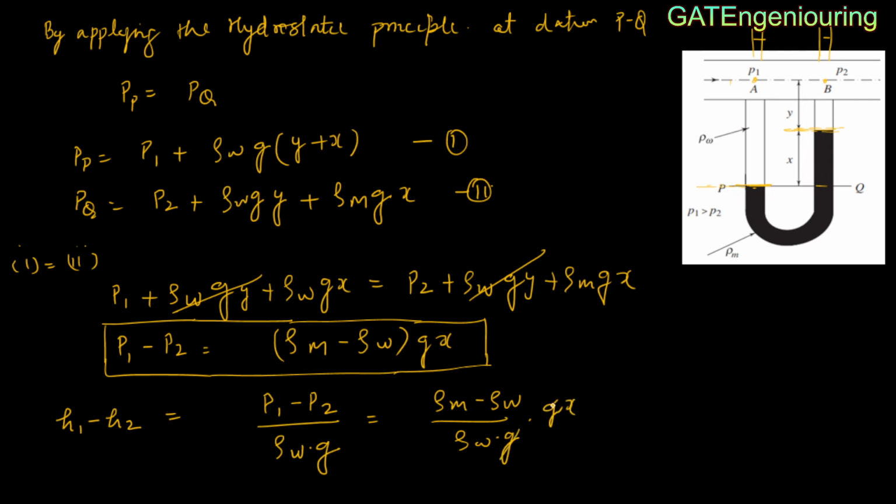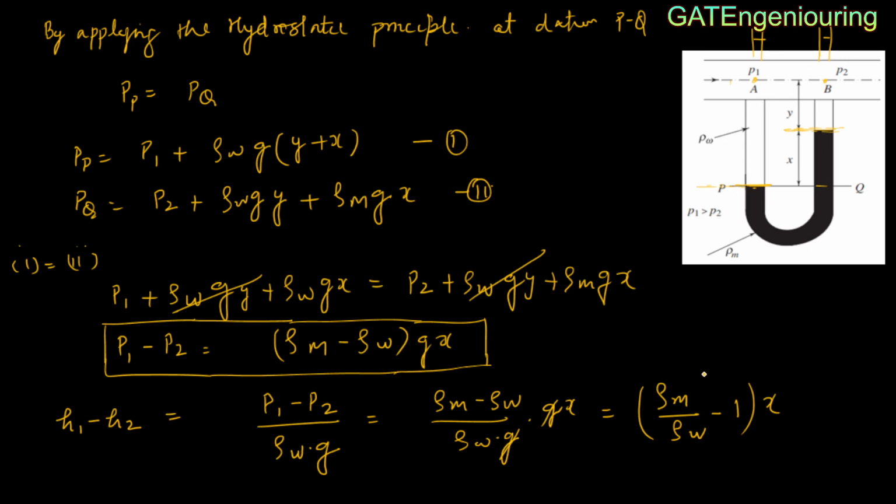Okay, so g to g gets cancelled, and we can say that it is (rho M upon rho W minus 1) into x. So h1 minus h2 is (rho M upon rho W minus 1) into x.